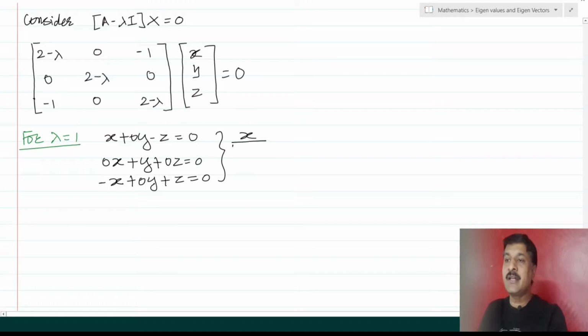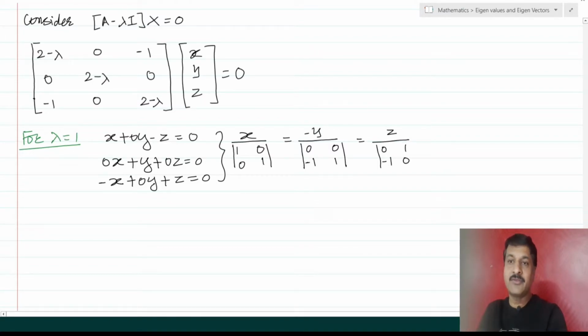So you consider the last two equations. So x upon determinant 1 0 0 1, minus y upon determinant 0 0 minus 1 1, and z upon determinant 0 1 minus 1 0.